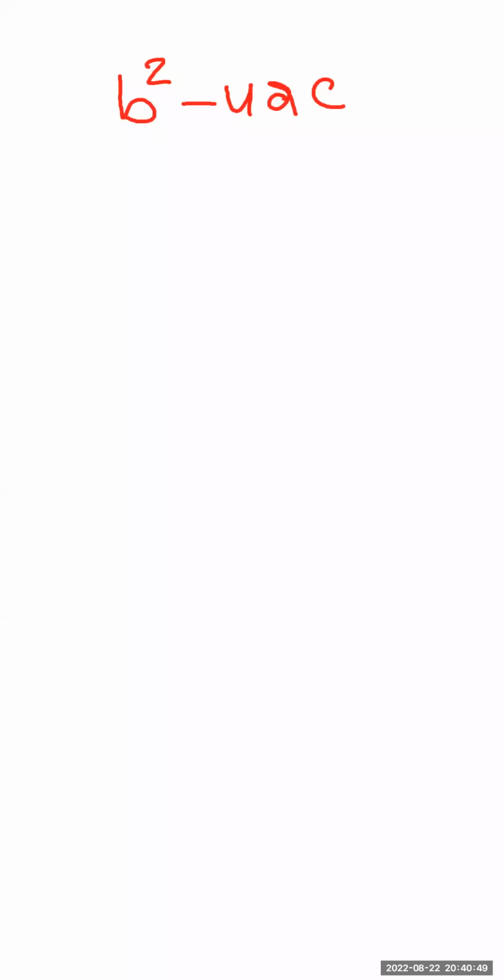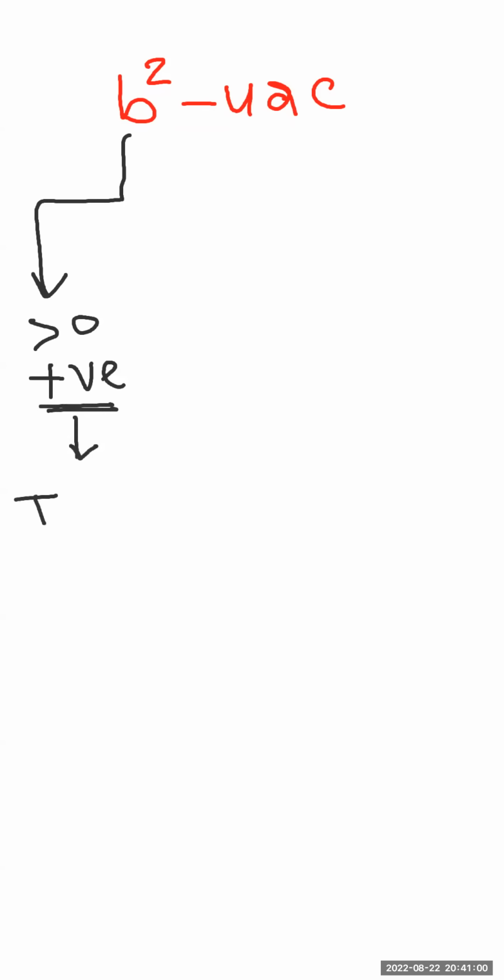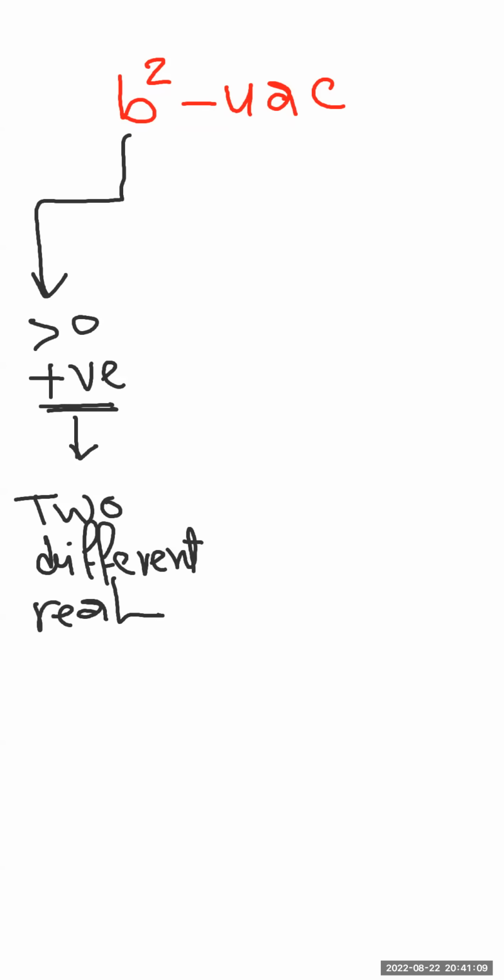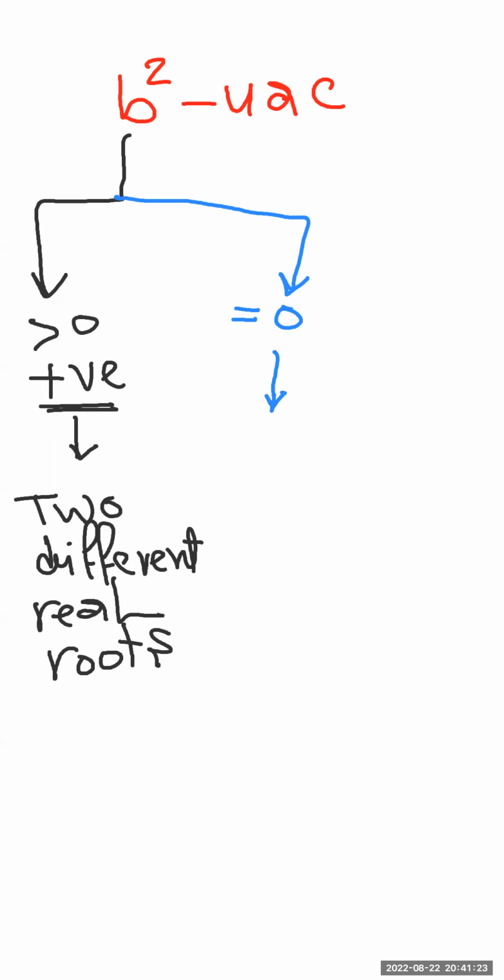The first case, if the numerical value is greater than 0, or in other words, a positive value, simply this means there are two different real roots. Okay, the second case, if the discriminant equals 0, simply this means there are two equal real roots.